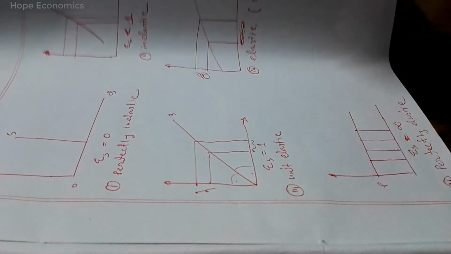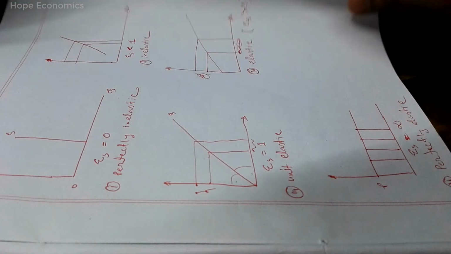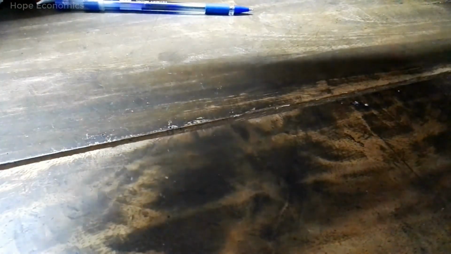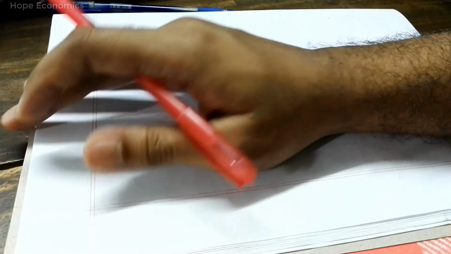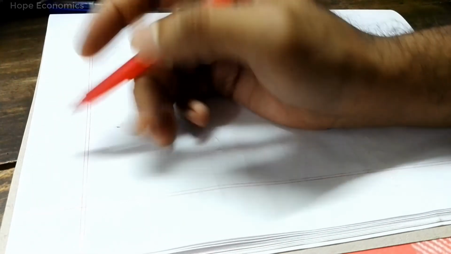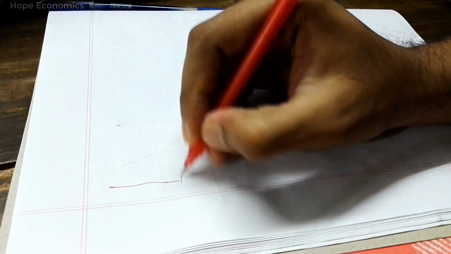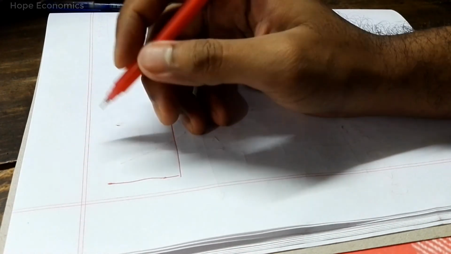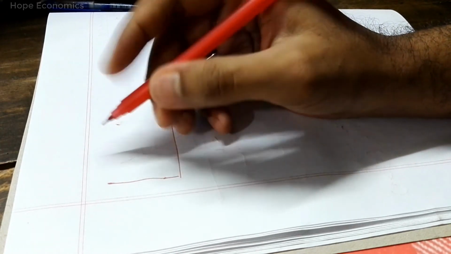So let's see the math in this regard. I mean, in case of elasticity of supply, let's consider one graph. This is what our graph looks like.